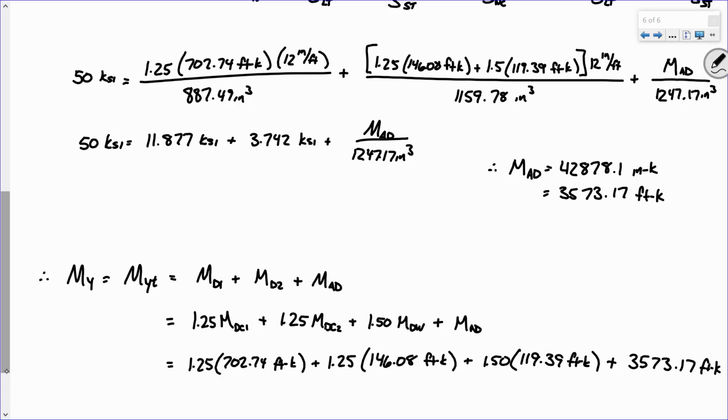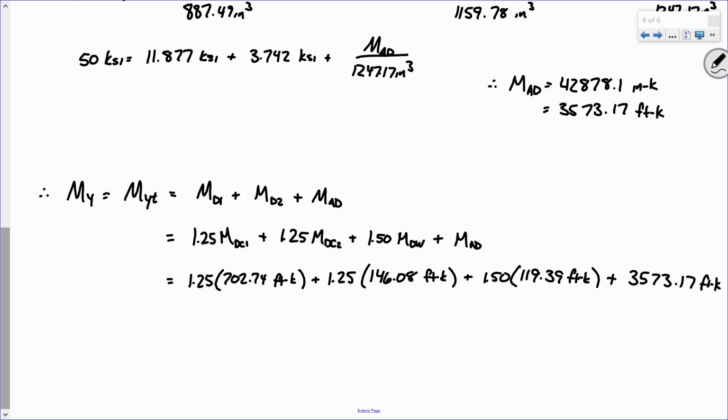And now everything's nice because all the units are consistent, and I propose that the yield moment is, you do all that grunt work, and what do you get? Something about 4813.28. There we go. Foot kips. So that's your answer.